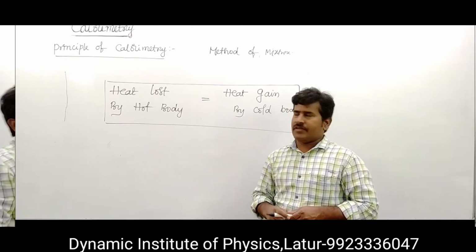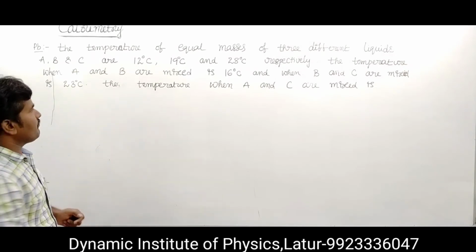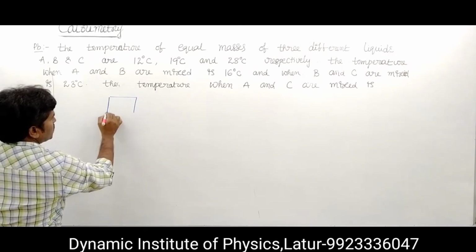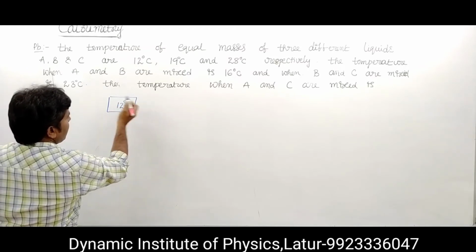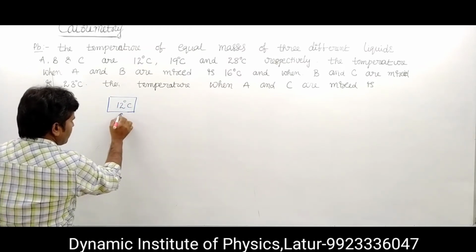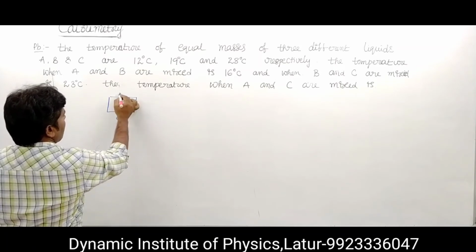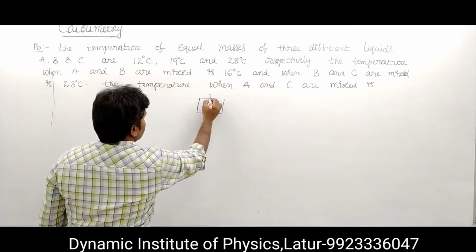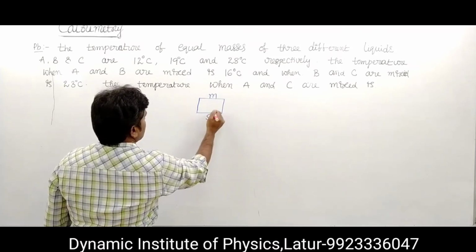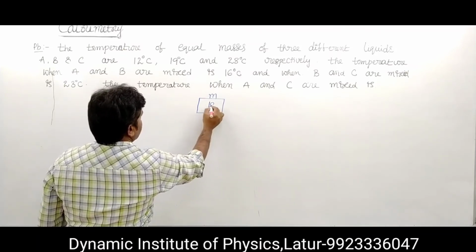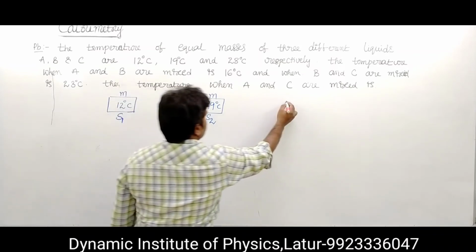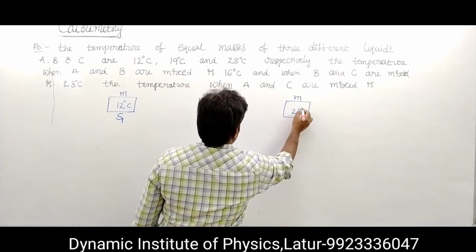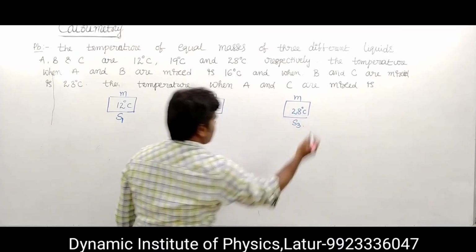Different liquids are given: A, B, C. A's temperature is 12 degrees centigrade, its specific heat is S1 and mass is M. Another substance has mass M, specific heat S2 and temperature 19 degrees. The third has mass M, temperature 28 degrees centigrade and specific heat S3.